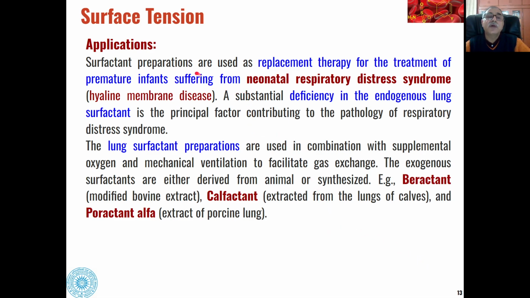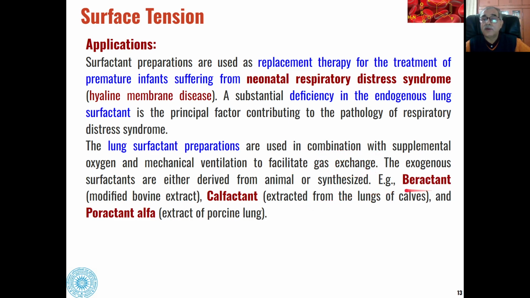Then surfactant preparations are used as replacement therapy for treatment of premature infants suffering from neonatal respiratory distress syndrome. Lung surfactant preparations have been used in combination with supplemental oxygen and mechanical ventilation to facilitate gas exchange.